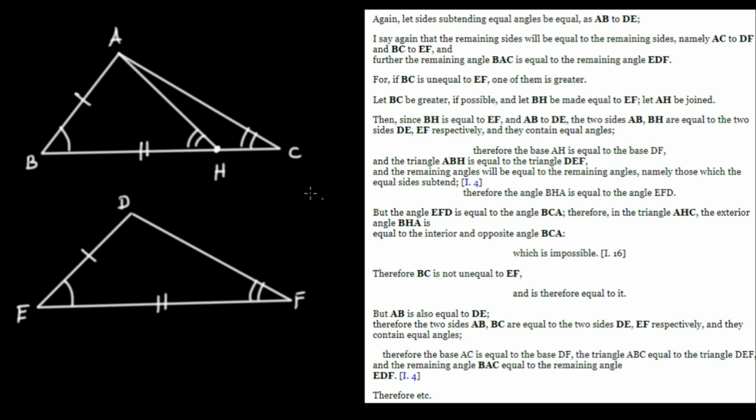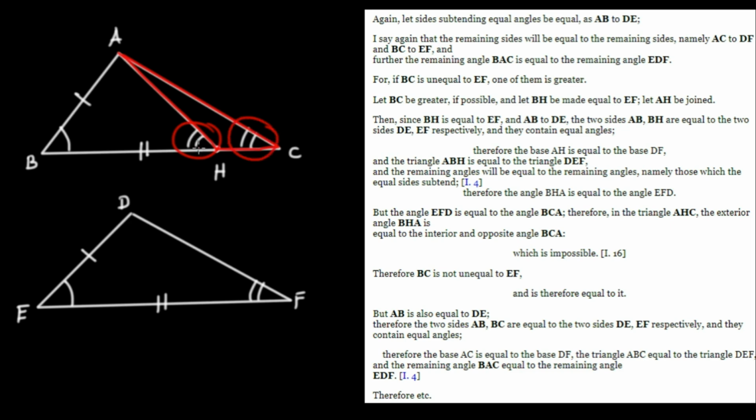But notice, we're going to have a problem over here. But the angle EFD is equal to the angle BCA. Therefore, in the triangle AHC, I'll highlight that triangle, triangle AHC, this one over here, the exterior angle BHA is equal to the interior and opposite angle BCA.